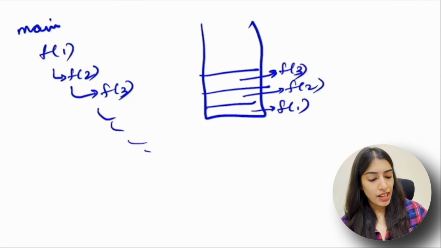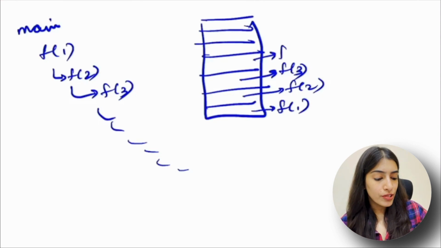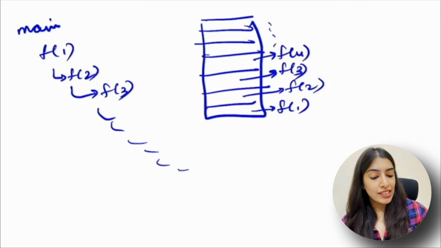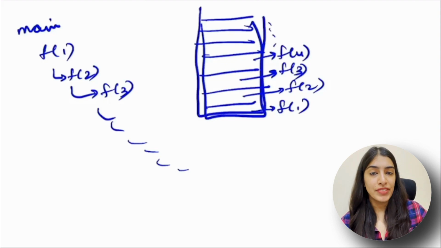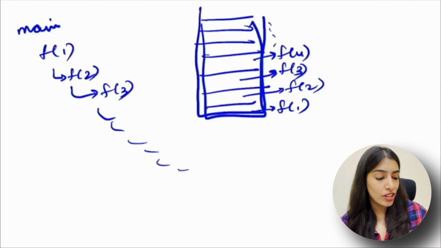Like this, we kept allocating some memory, and we did not put any stopping condition. So for f of 4, some memory was allocated. Like this, we kept allocating till we went out of memory. See, memory is limited. It is not infinite. So as soon as we went out of the stack, we got the error as stack overflow.